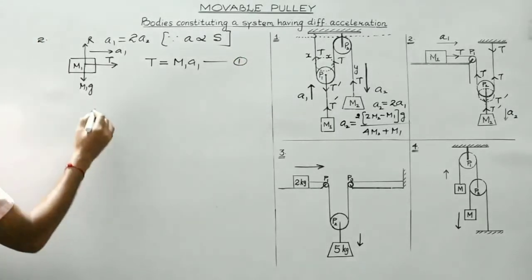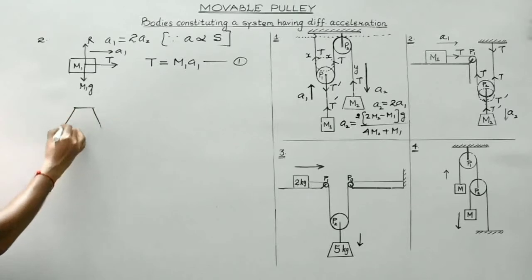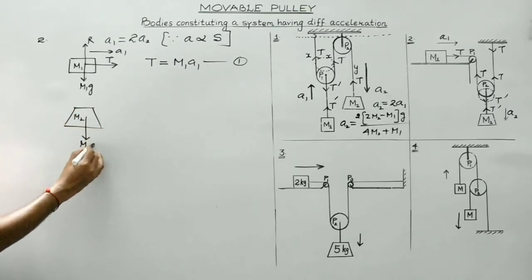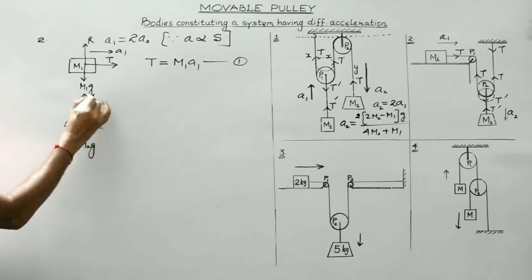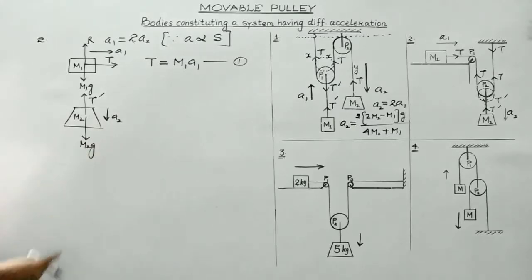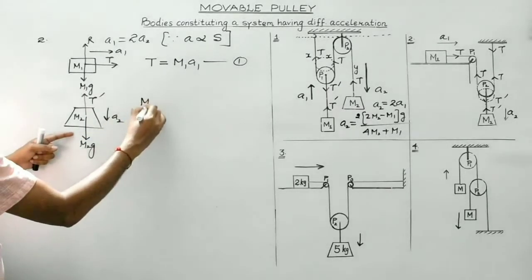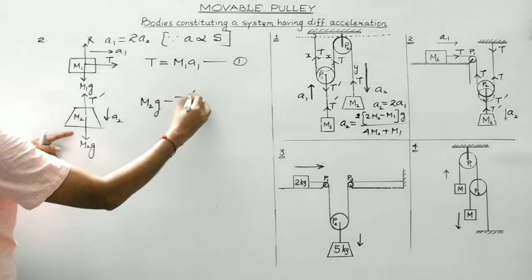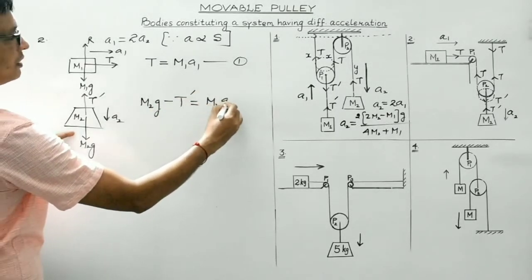Now let's consider M2. Its weight is M2G, tension is T dash, and it has acceleration in the downward direction. So the equation for this body would be M2G minus T dash is equal to mass into acceleration.